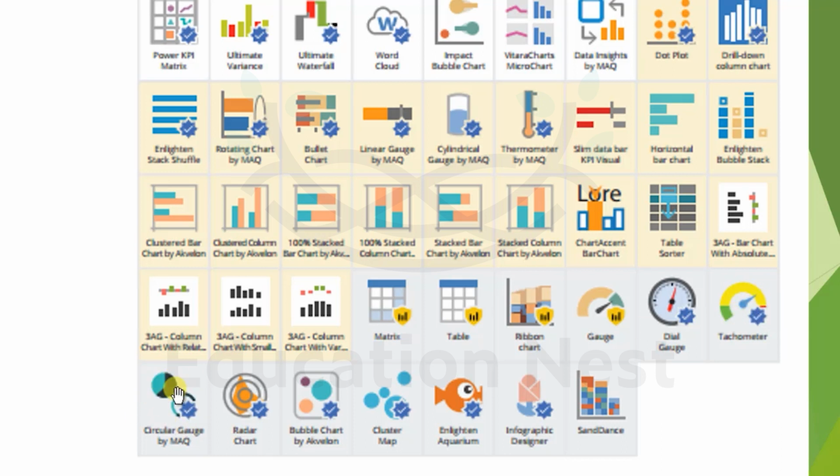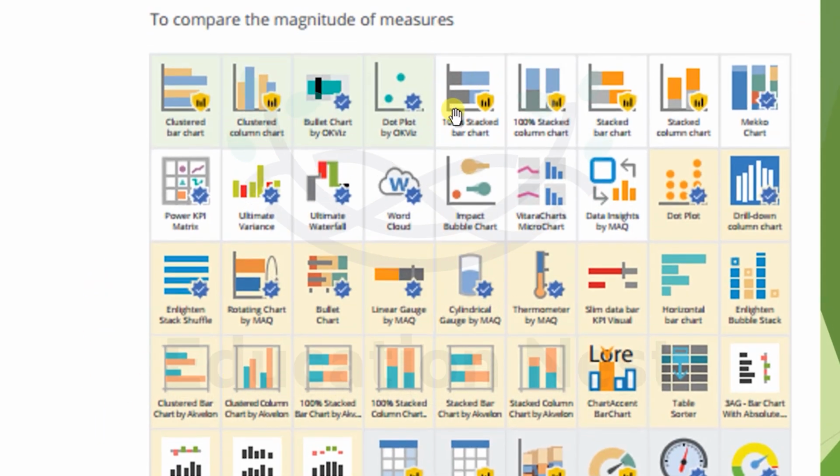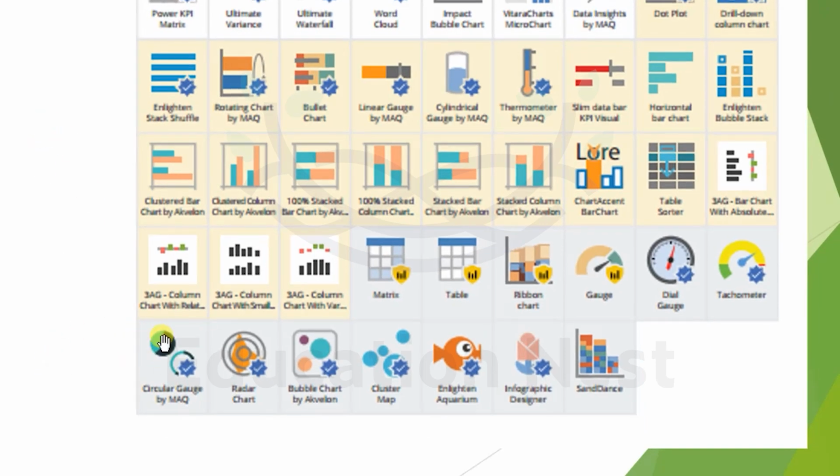Circular gauge can easily be replaced by a 100% stack chart in that scenario, because the circle represents 100%. So an ideal way of representing a 100% chart would be a circular gauge. However, it is an individual's choice which fits well in the organization and for the end user.